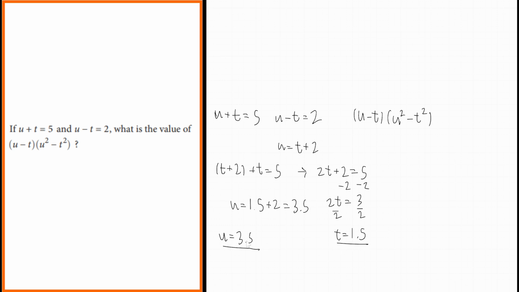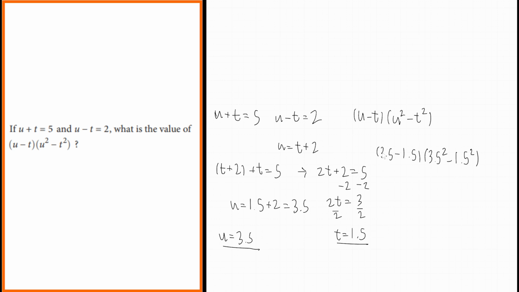And now we can take these values of 3.5 and 1.5, plug them back into our original expression, and solve. If we did that, we would get 3.5 minus 1.5 times 3.5 squared minus 1.5 squared.